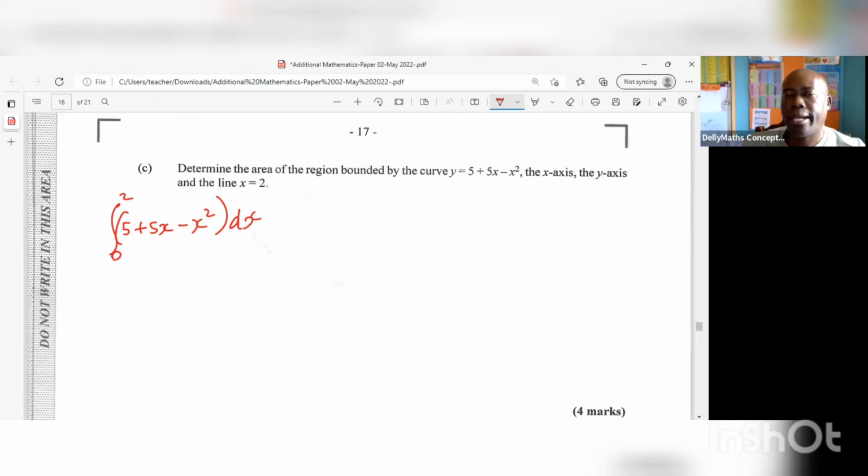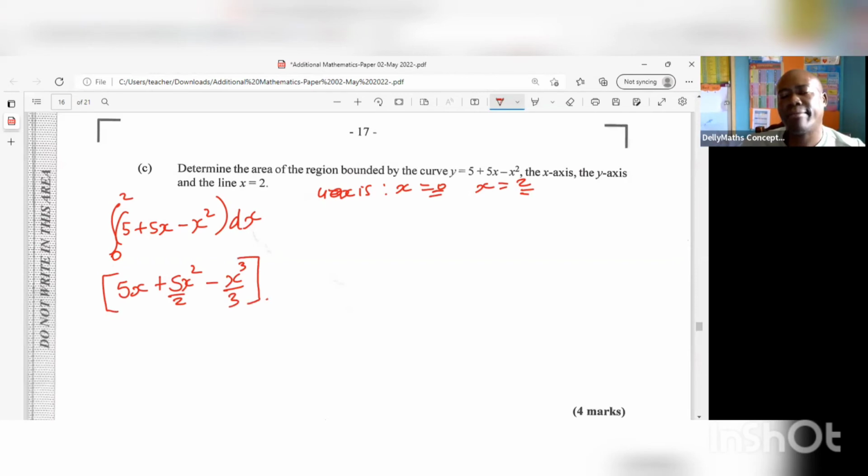Remember, the y-axis is the same thing as x is equal to 0, so these are our limits, from x is equal to 0 to x is equal to 2. So let's do the integral now. We'll have 5x plus 5x squared over 2 minus x to the third over 3, from 0 to 2.